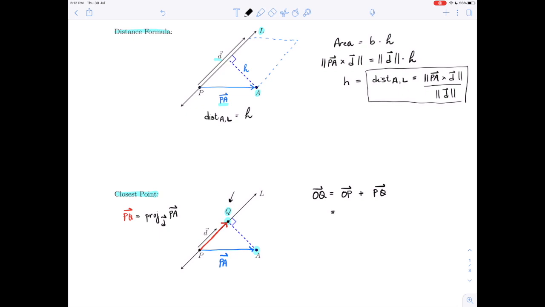And PQ we just said is the projection vector. So OQ is OP plus the projection of PA onto D.